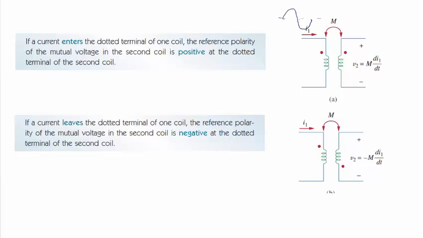I2 will be at a maximum at the same time. So they are in phase. This one is out of phase, so I1 is at a maximum, but at the same time I2 will be at a minimum. It will be out of phase. So output is out of phase with the input when the dot convention is opposing like this.